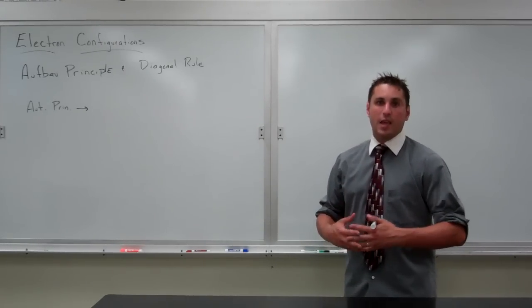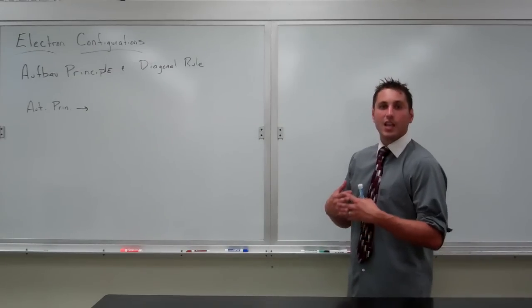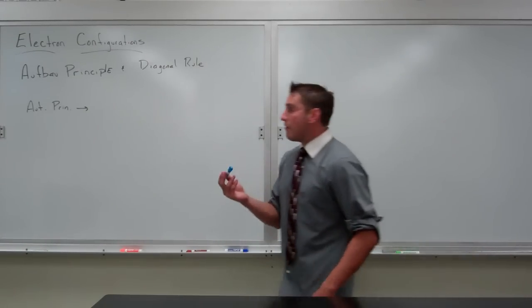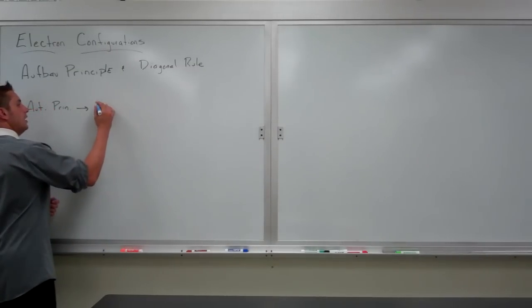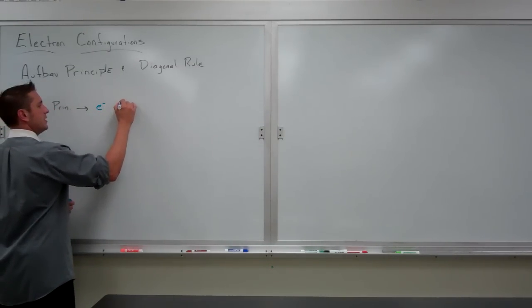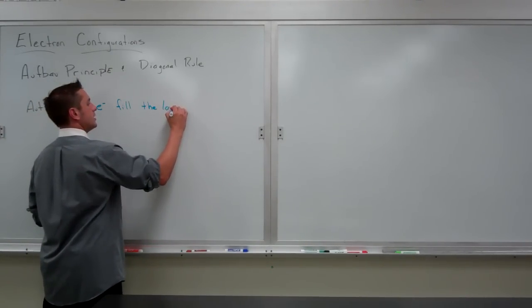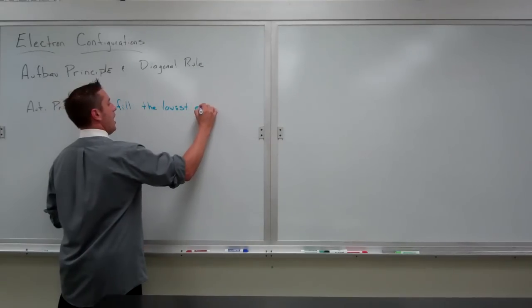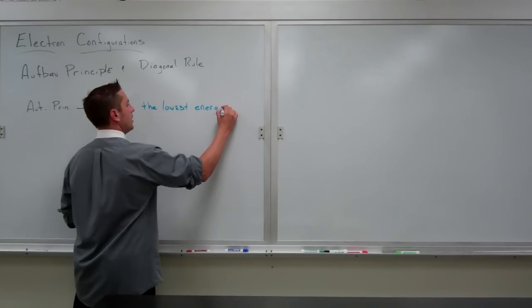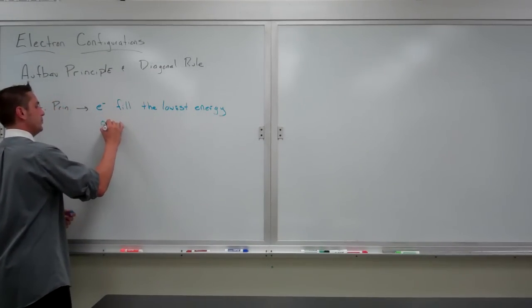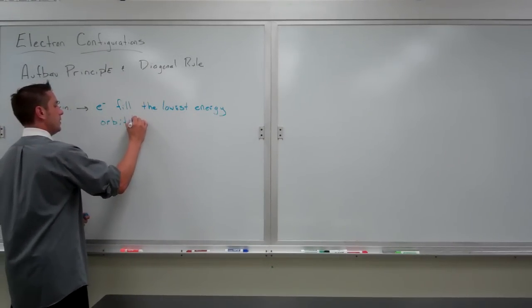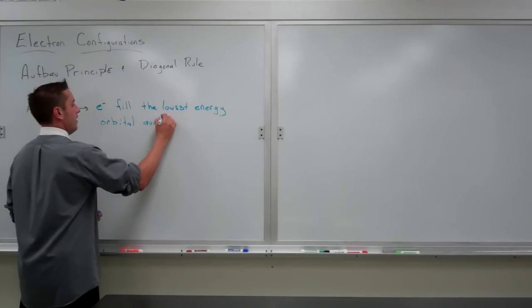Electrons want to be stable, they want to be in relaxed states, in ground states. So the Aufbau principle says electrons fill the lowest energy orbital available.